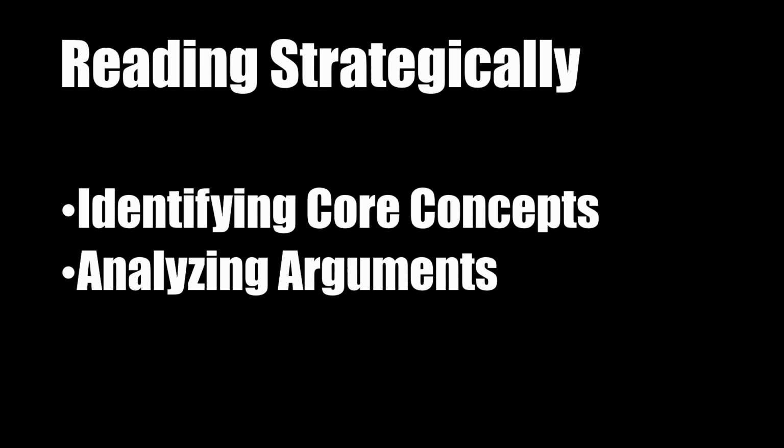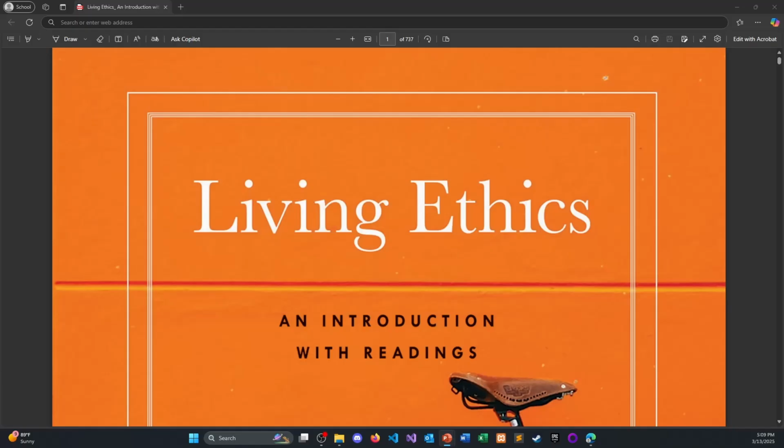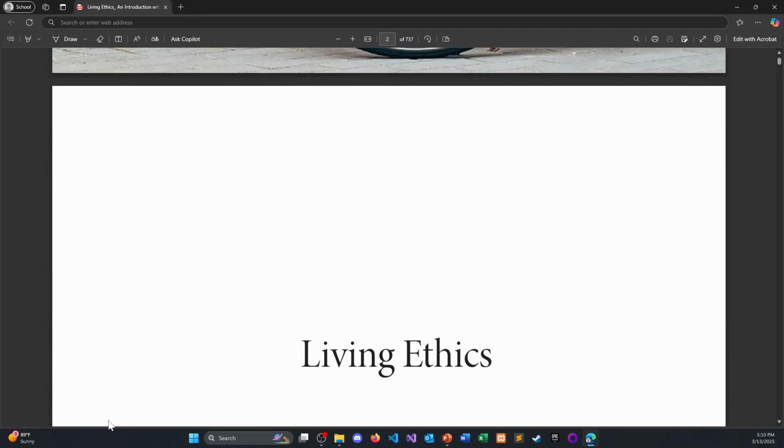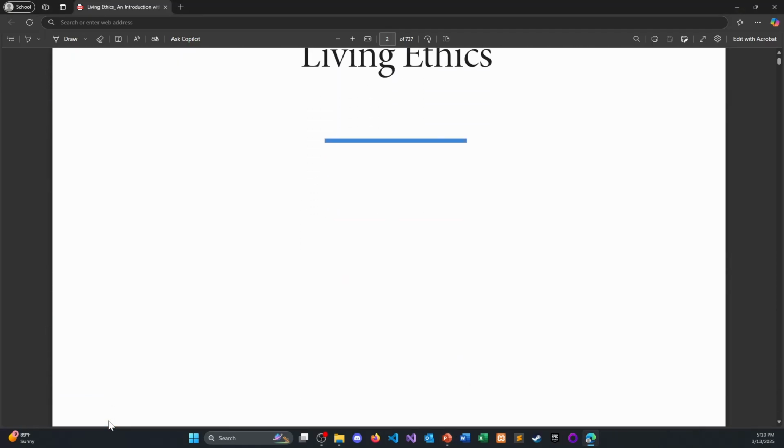So, in order to start looking at how to read strategically, let's look at our textbook, Living Ethics. In this textbook, we have a few things that are worth looking at first.